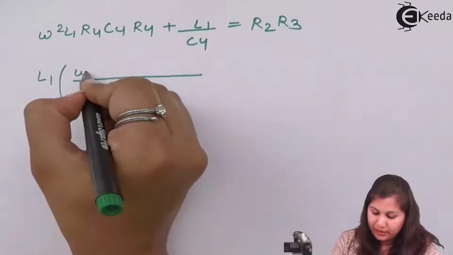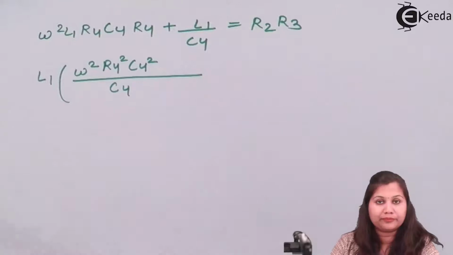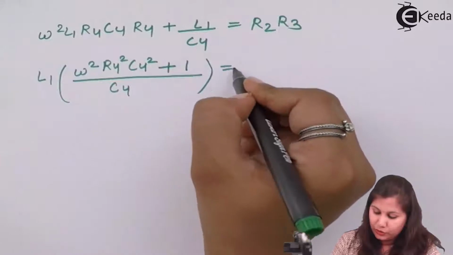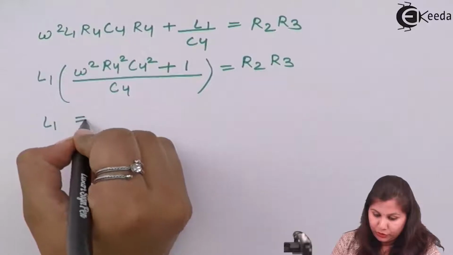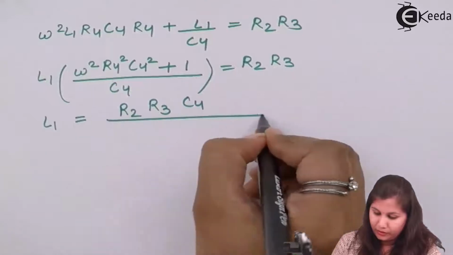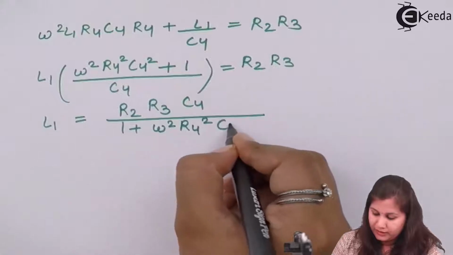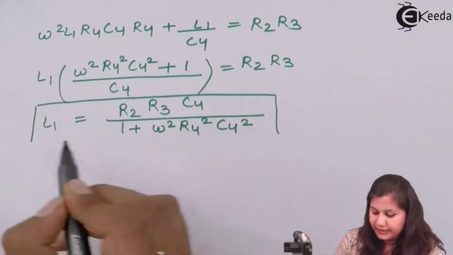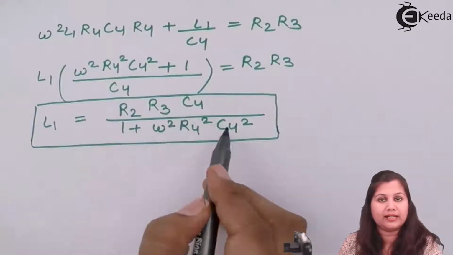So it will be omega square R4 square C4 square plus 1, equals R2 R3. So L1 will be equal to R2 R3 C4 upon 1 plus omega square R4 square C4 square. This is the value of the inductance L1 in terms of the known variables R2, R3, R4 and C4.